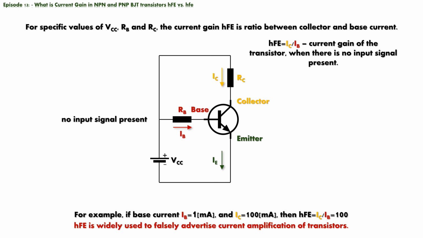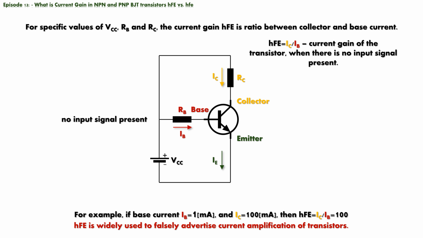This hFE parameter, with capital FE, is also used in marketing, to falsely advertise current amplification of the transistor. Manufacturers choose specific values for base current and VCC, that produces the largest current gain hFE. In real life, these specific values have no practical implementation.